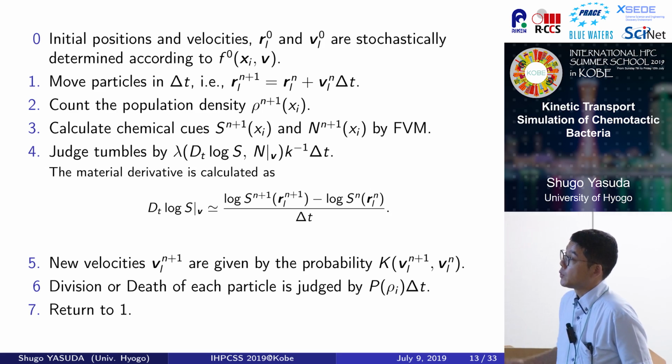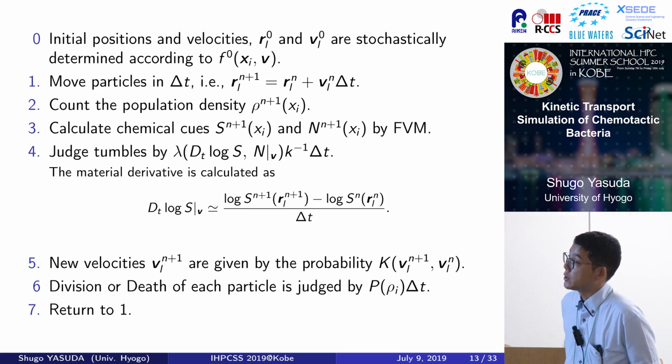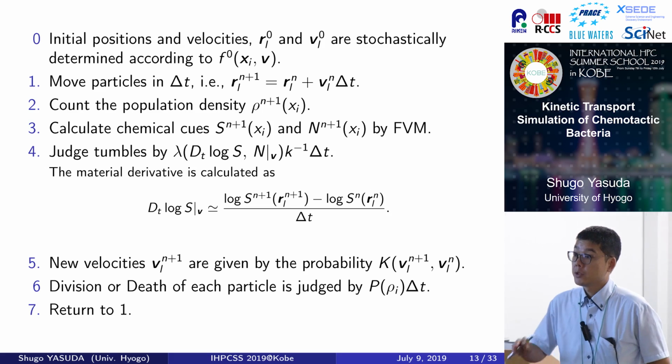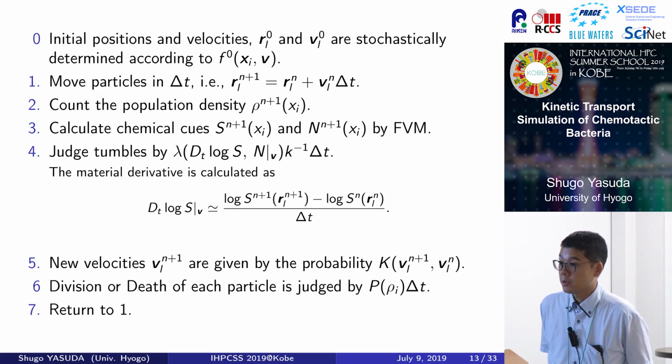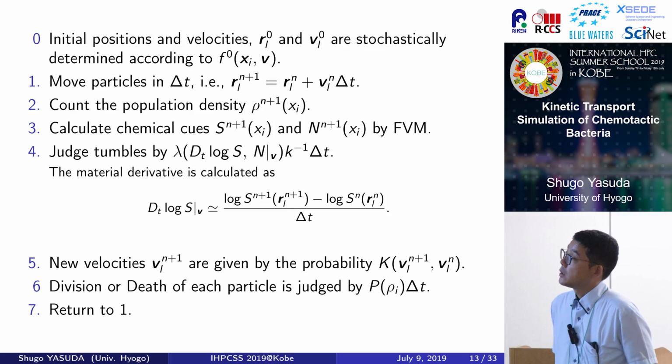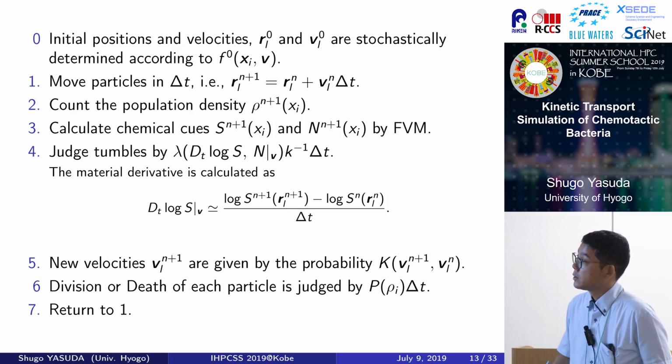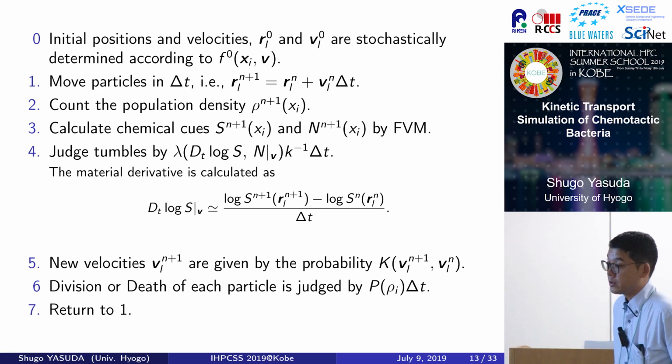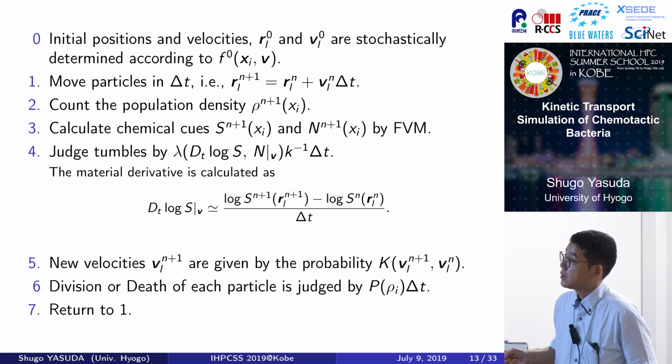And using this population density, we also calculate the chemical concentrations by using the finite volume method on that system. And then next stage, I will judge the tumbling using this tumbling rate.